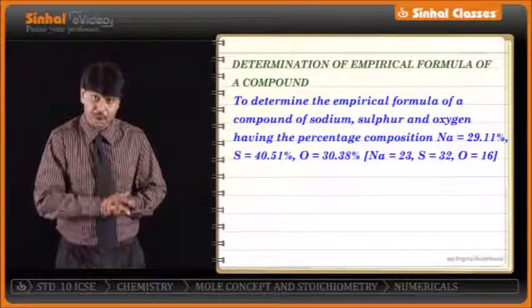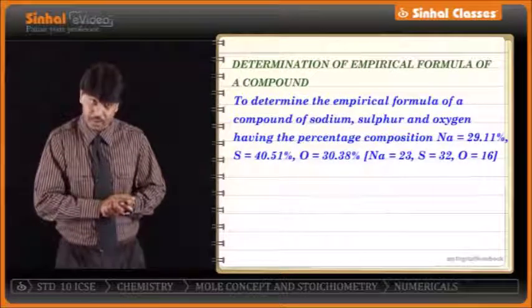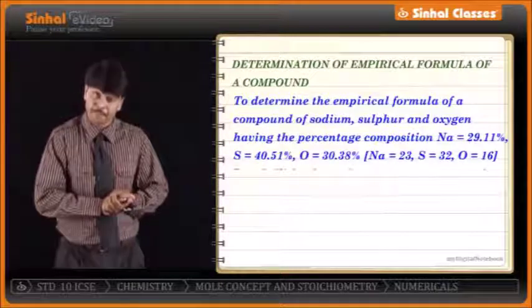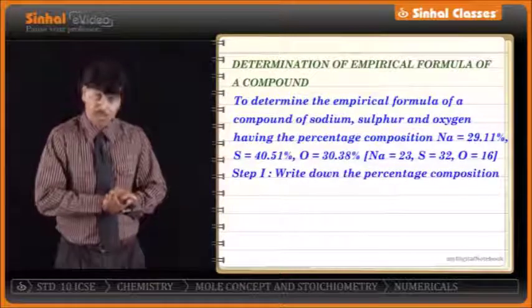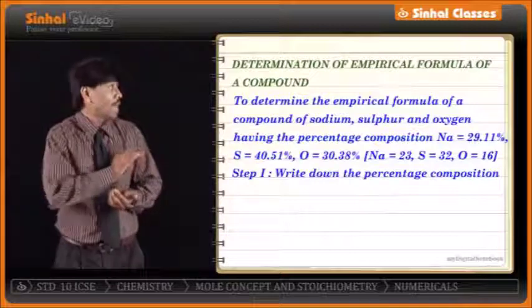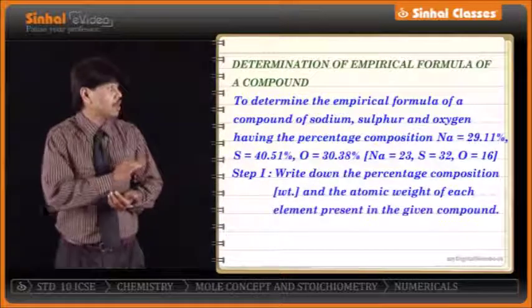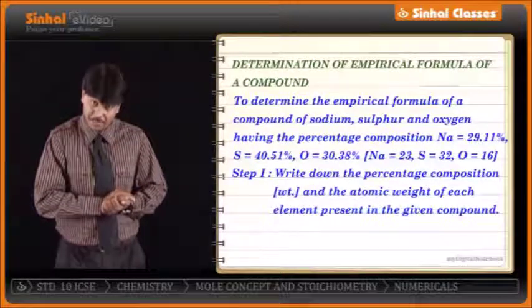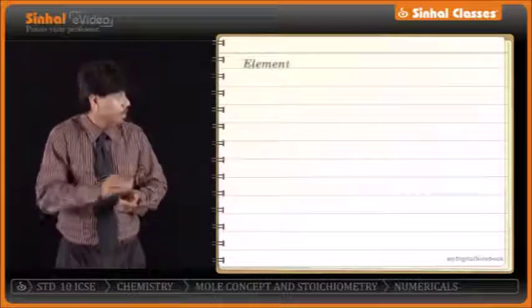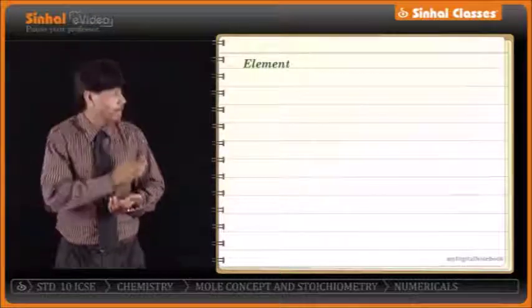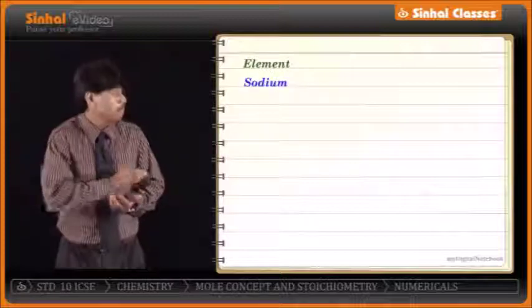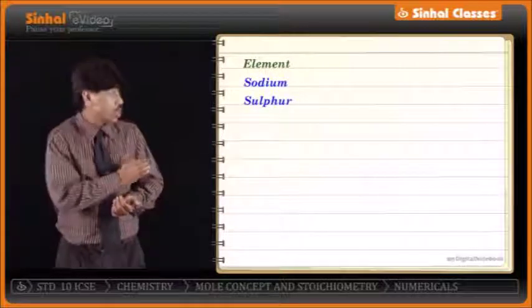Let's see the steps involved in calculation of the empirical formula. Step number 1. Write down the percentage composition and the atomic weight of each element present in the given compound. So you make a table in which the first column will be elements, that is sodium, sulfur, oxygen.